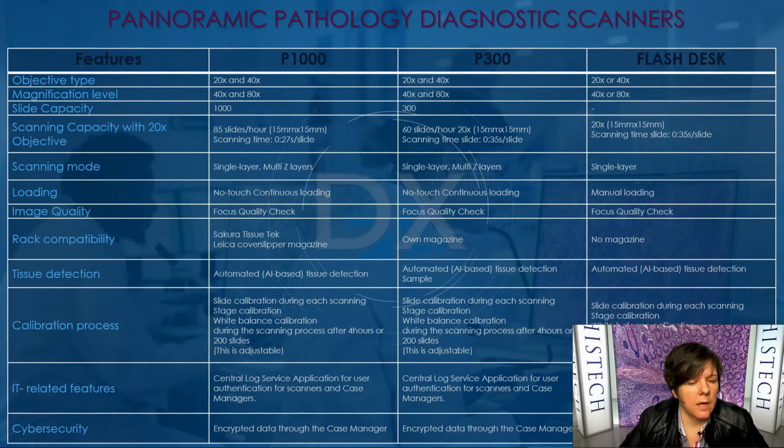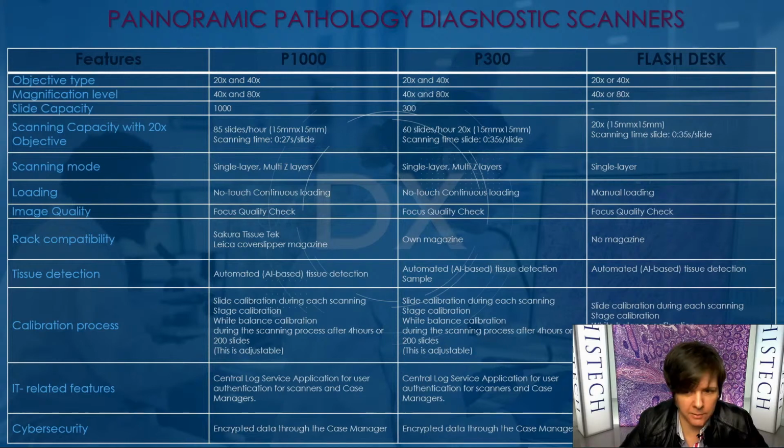3DHISTECH offers diagnostic digital slide scanners of 3 different types in size. All of them use the same optical paths with the same physical objectives. In the case of the 20x physical objective, we can achieve 40x magnification.